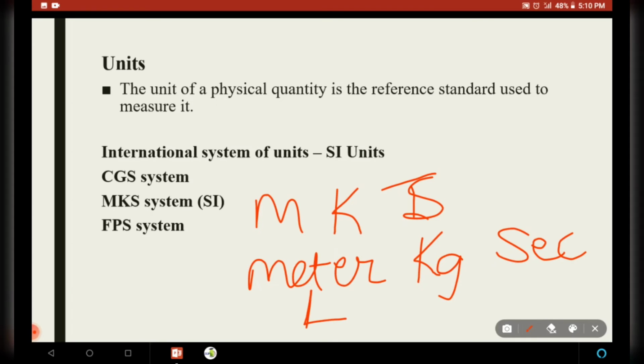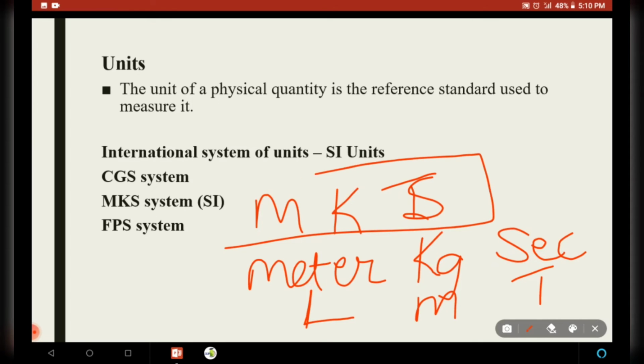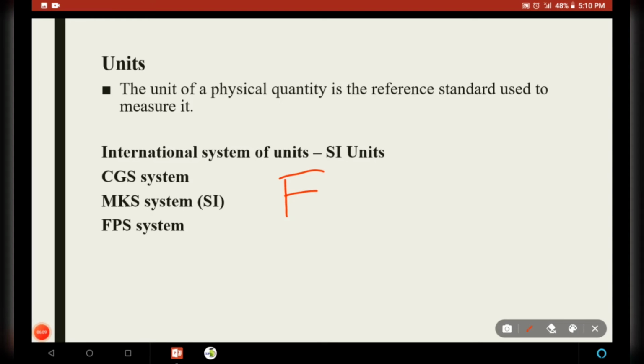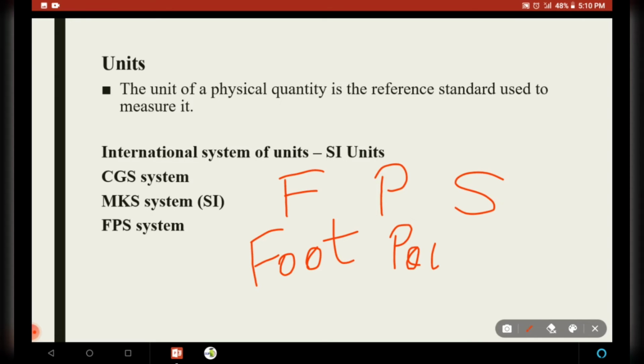It is for length, for mass and for time. This is the MKS system. It is the standard system which we use. This is the SI system. Then comes the FPS system, where F means foot, P means pound and S means second. We usually don't use this. This is about SI units.